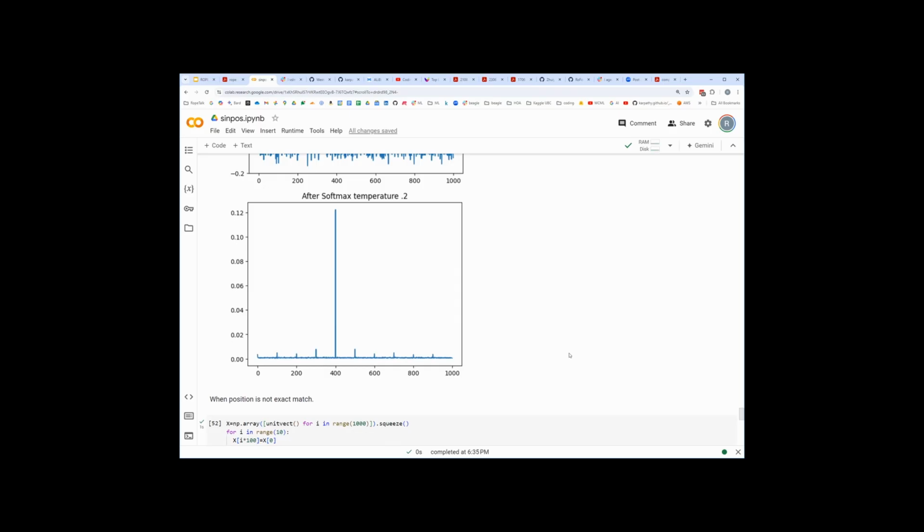Has anybody ever learned the temperature? It seems like that should be a learned parameter. I think the default for transformers is 1, yeah. They're sort of giving it to you, saying we like the square root of model dimension as the temperature.